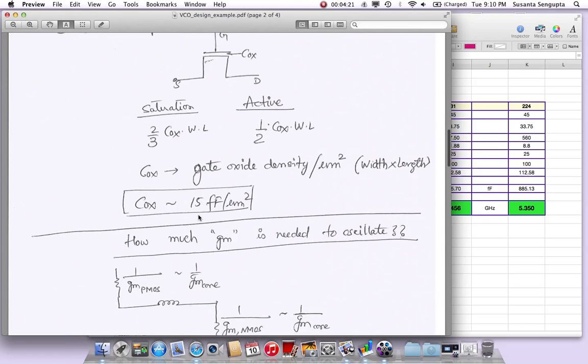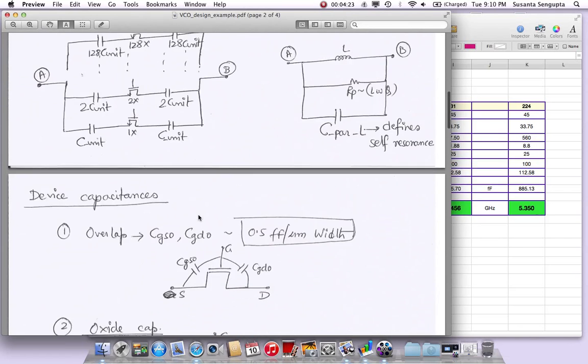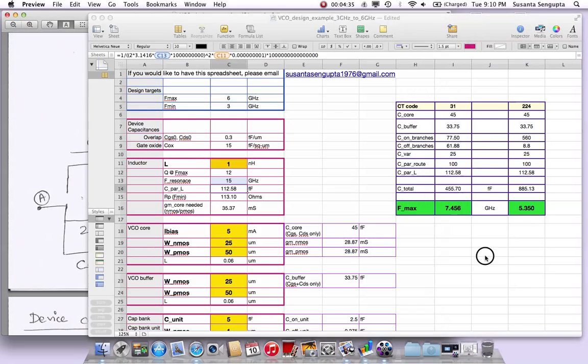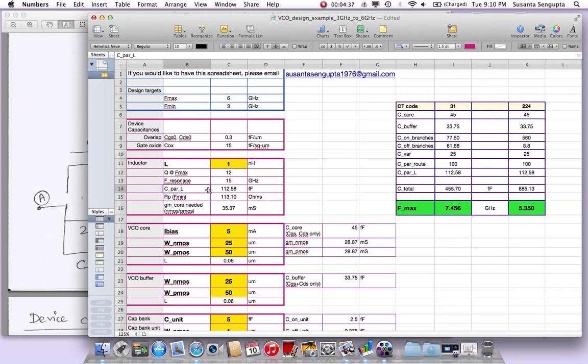And what is this? Let me go to, where was it? So we covered here, we said that based on the self-resonance frequency, we are going to have a parasitic capacitance here and an RP, right? So this parasitic capacitance C_par_L that I used in the notes, I try to use the same value, and the value comes to about 112 femtofarad for this value of L. If I change the L to say 2 nanohenry, you will see that value will change to give you the self-resonance at 15 gigahertz.